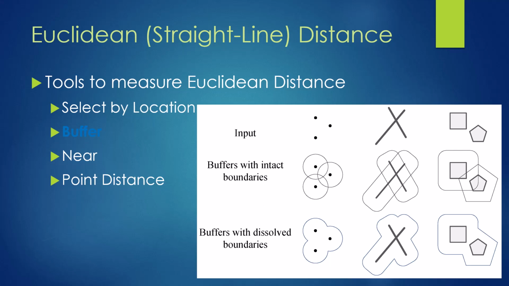So the buffer tool works with an input layer, and you can see here points, lines, and polygons. And then you can define different types of buffers, like buffers that are created based on each one of the features, or buffers that are dissolved independently of whether the features are connected or not, like in this example with lines.